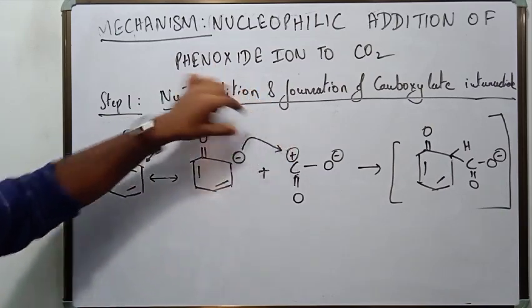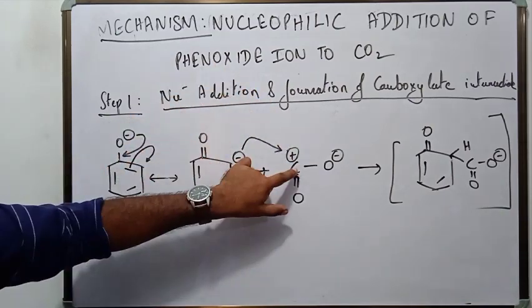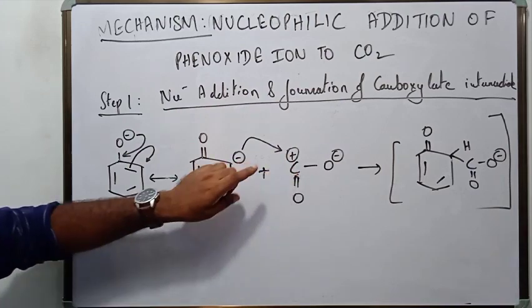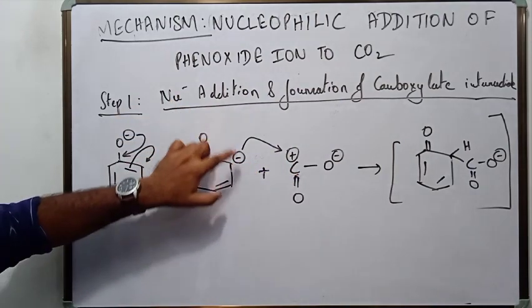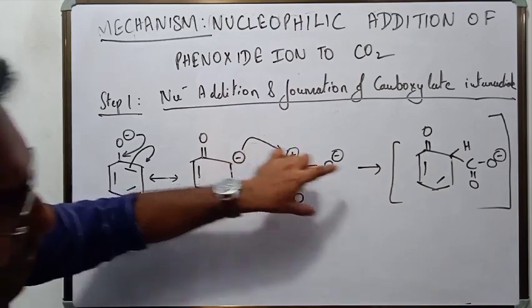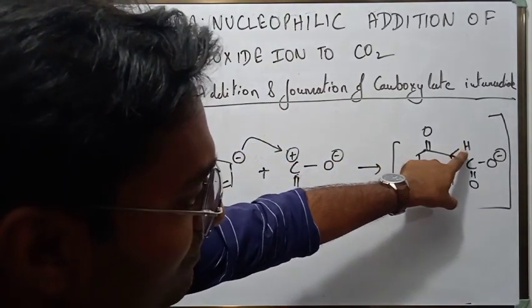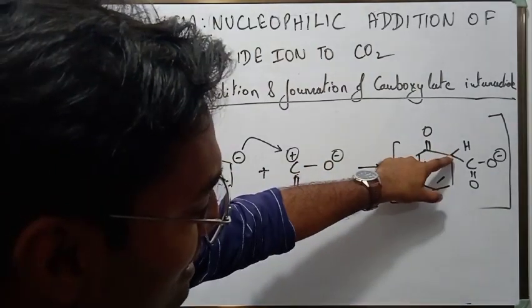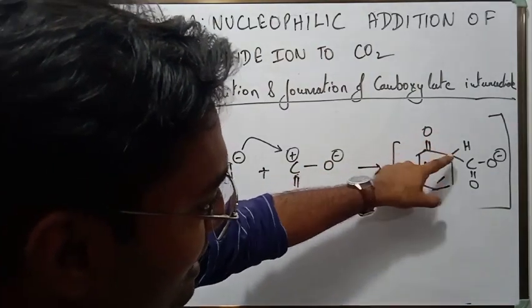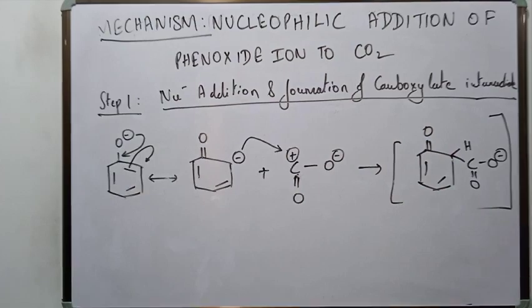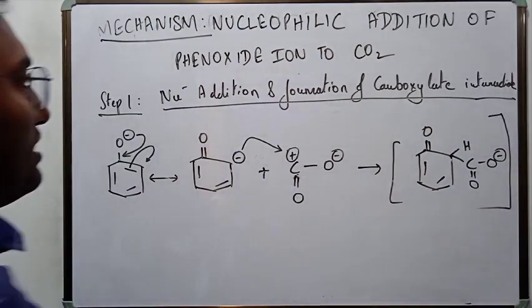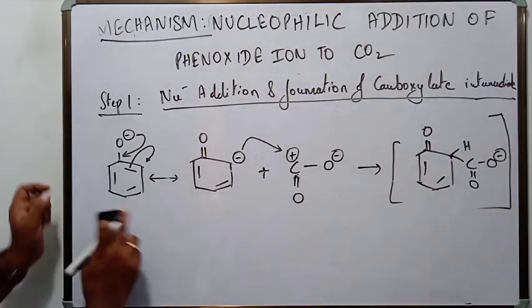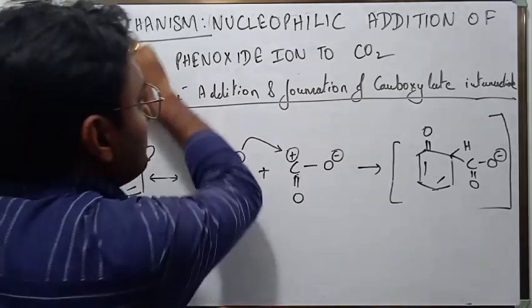This is nucleophilic addition of the phenoxide ion to carbon dioxide. Which is the nucleophile? This is the nucleophile. And now it attaches. Every carbon has an H. I have highlighted the H here to better understand the mechanism. Now let us go to step 2. Let me rub this.